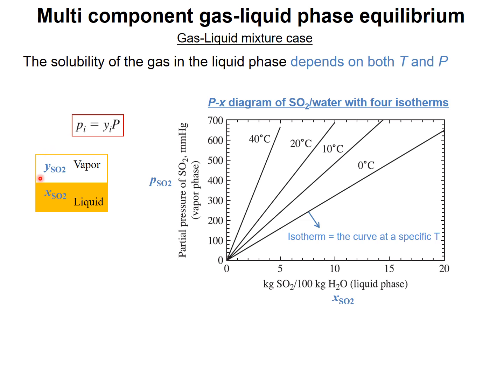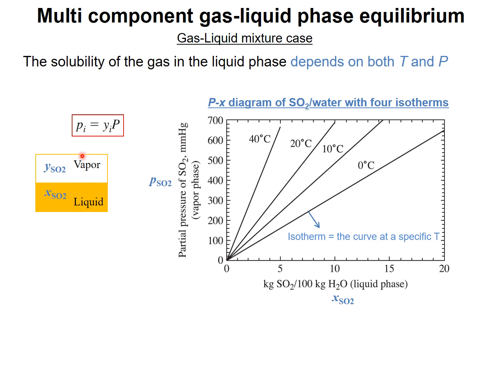We have a container with water, and also some liquid is there. We have 2 phases here, and the liquid phase has some SO2, and the composition of SO2 in the liquid is X with the subscript SO2.